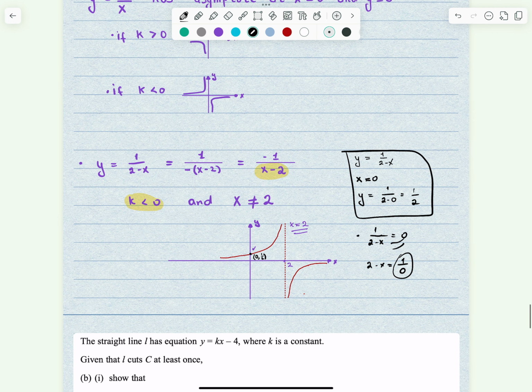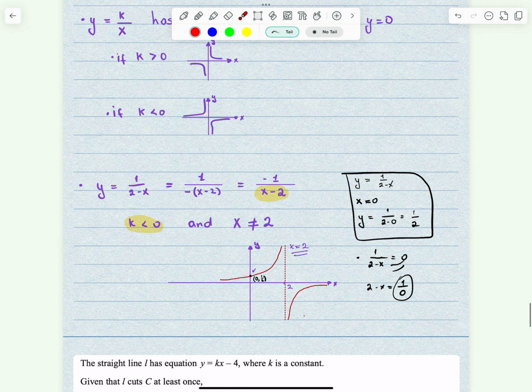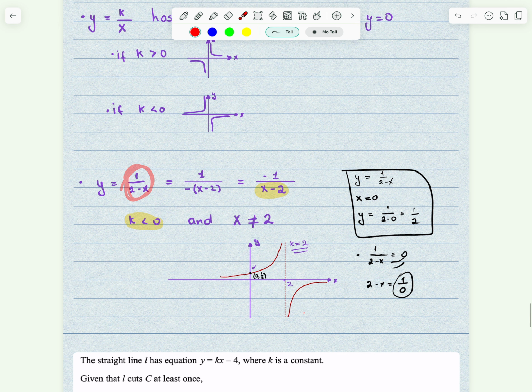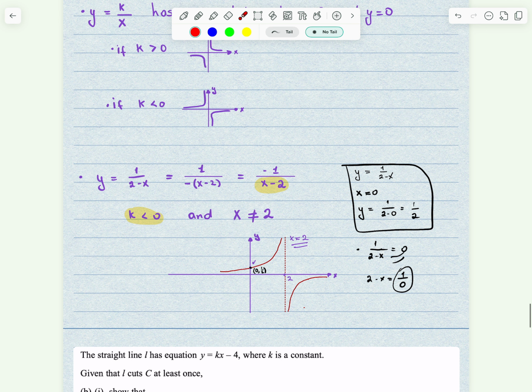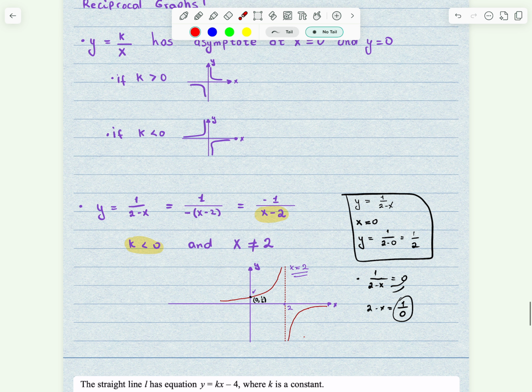I'm going to go over a little bit of this graph one more time. So how did I do that? I wrote this equation as 1 over 2 minus x, as negative 1 over x minus 2, to see a shift, or to easily see a vertical asymptote, as well as to identify the k, which basically depends on the k.